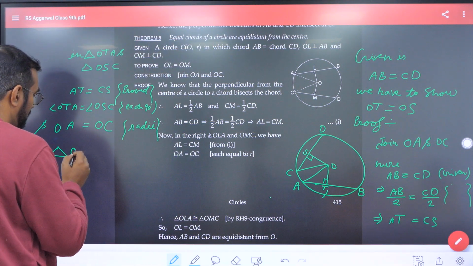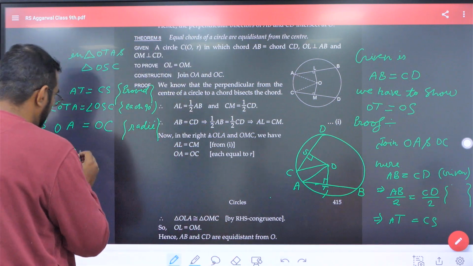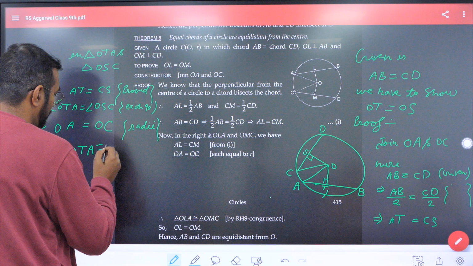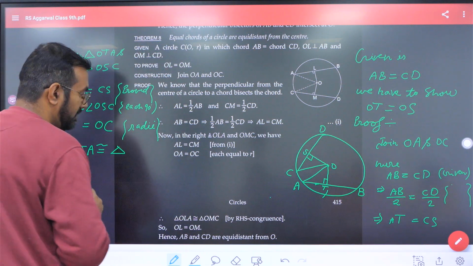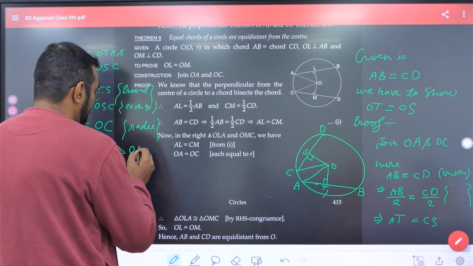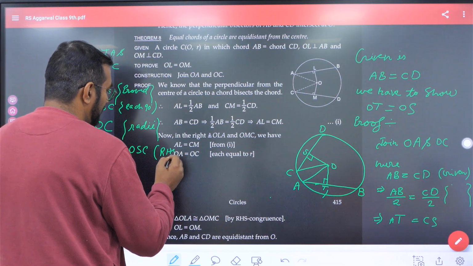Right angle, hypotenuse, and side, RHS. Triangle OTA is congruent to triangle OSC by RHS, right?